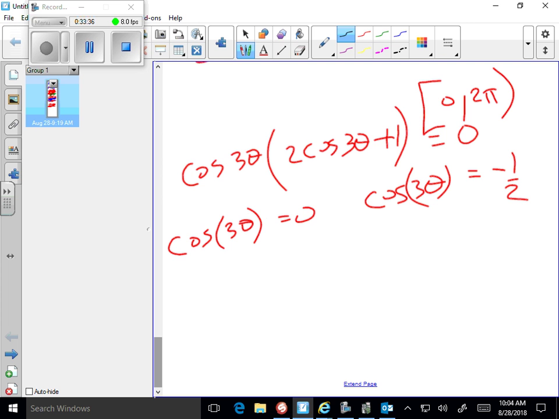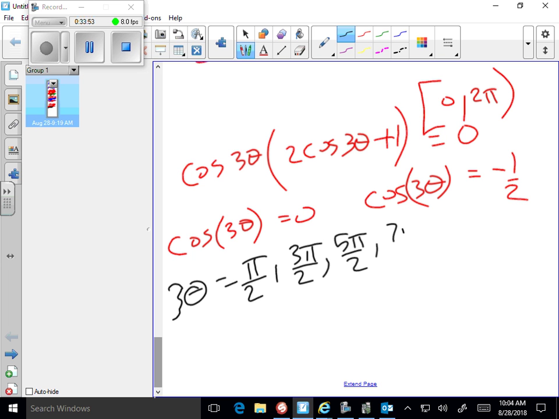Yes, very good. So 3 theta equals pi over 2 and 3 pi over 2. But what did Megan say about that 3? To go around 3 times. So I add 2 pi to that, and I get 5 pi over 2. And I add 2 pi to that, and I get 7 pi over 2. And I add 2 pi to that one, and I get 9 pi over 2. And I add 2 pi to that one, and I get 11 pi over 2.